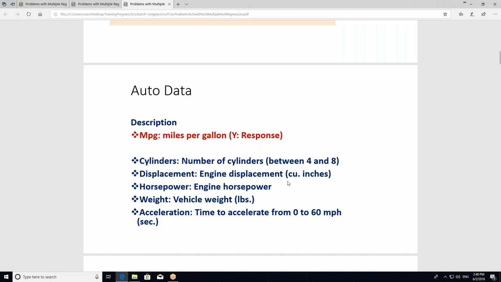Okay, good. Fine. So we understood that we want to find out the prediction of mileage, but I need to find out which variables I should take, and I should also have some knowledge of how these variables are related to the response variable.